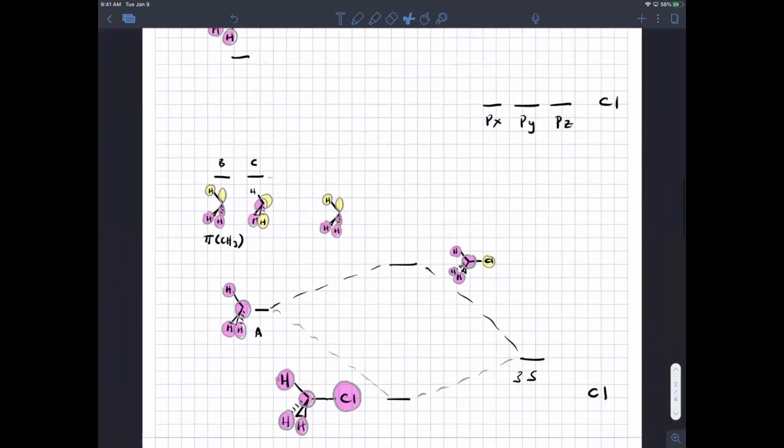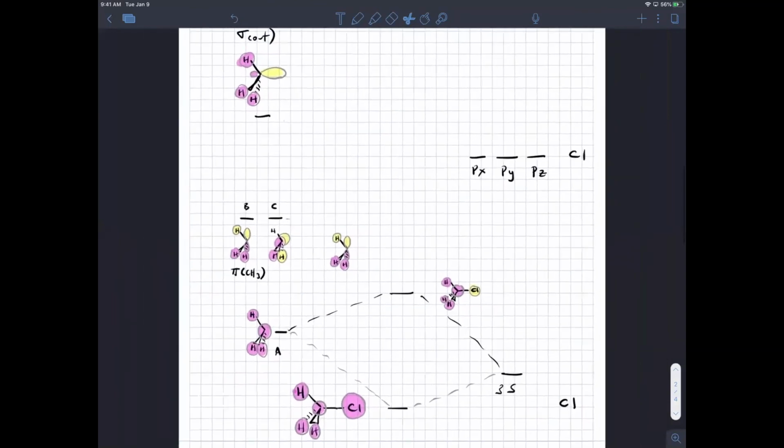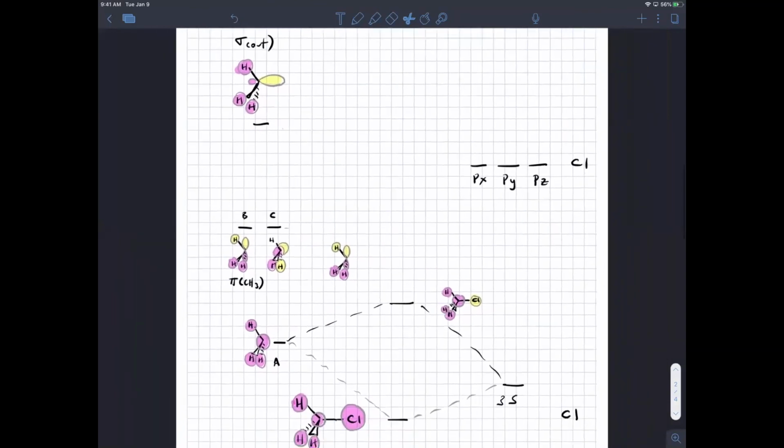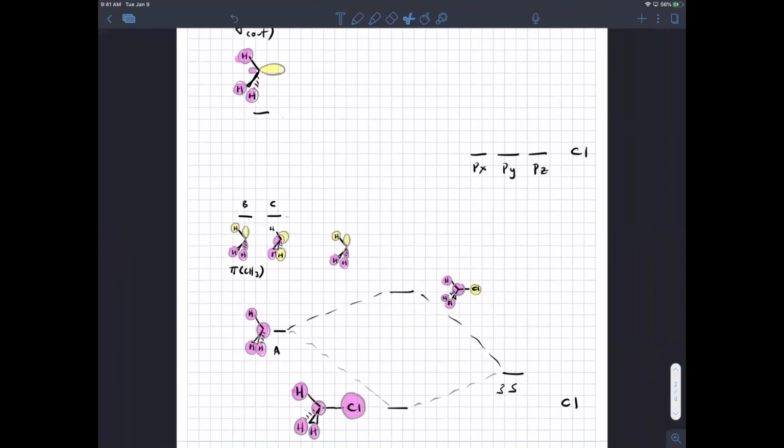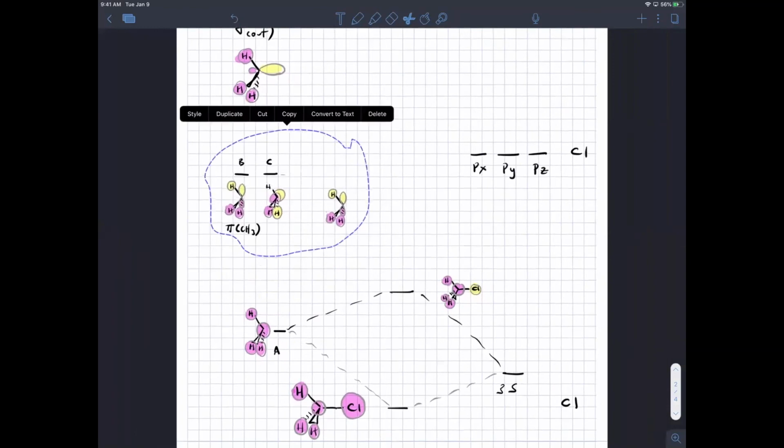And again, I know that the p orbitals from chlorine are lower in energy than the sigma out orbital. I'm not sure about their relative relationship with these pi type orbitals, so we won't make a big deal out of that. We'll assume they're fairly close in energy.